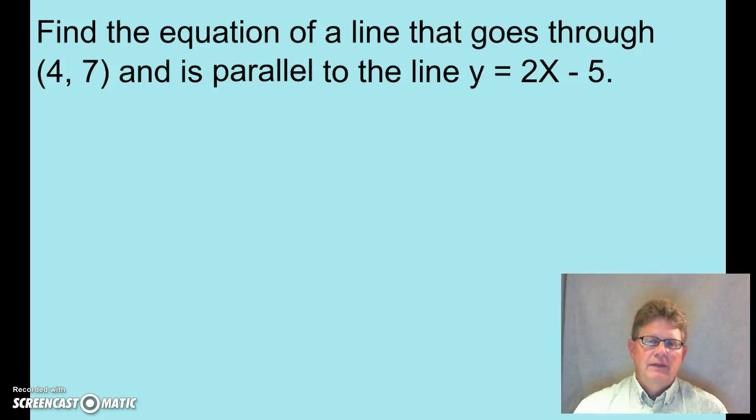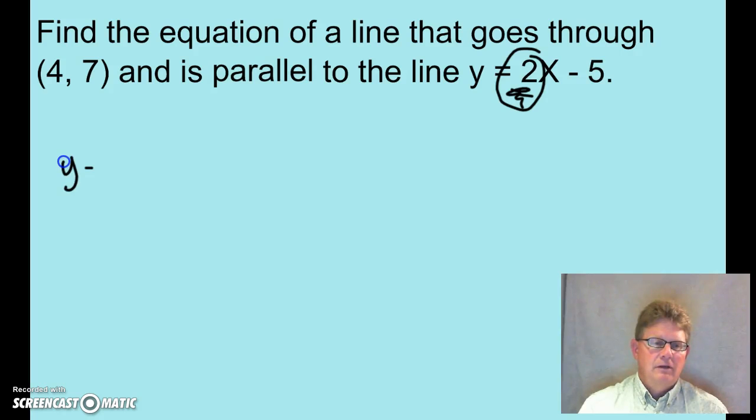Find the equation of the line that goes through (4, 7) and is parallel to y equals 2x minus 5. So what is the slope of this line? 2. So we have a slope. Parallel lines have equal slopes. So we have a slope and we have a point.